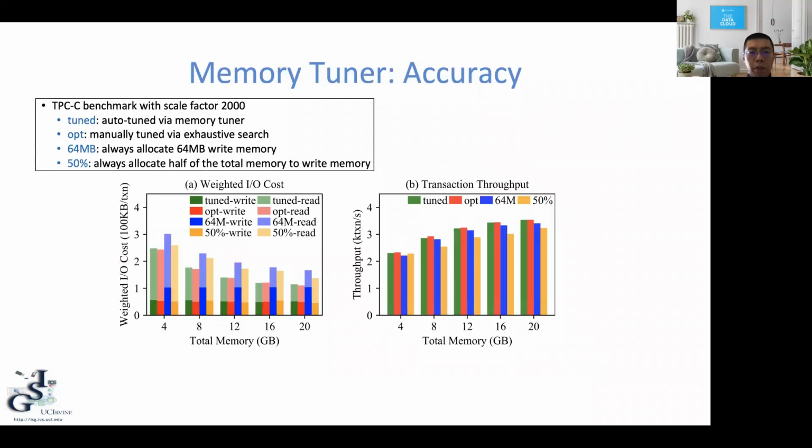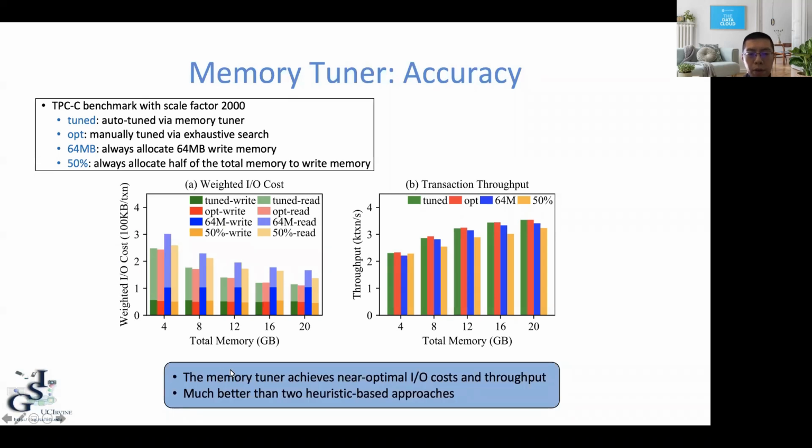We also did a bunch of evaluation of the memory tuner using TPC-C in terms of its accuracy by comparing with some manually tuned baselines. As you can see, the memory tuner achieves near optimal I/O cost and throughput compared with the manually tuned baseline, and also it's much better than the two heuristic-based approaches.